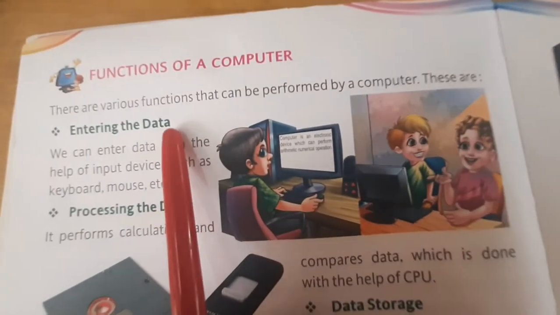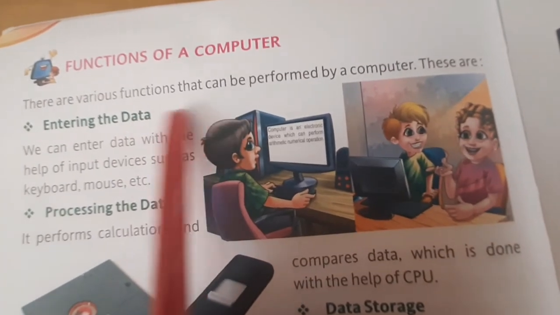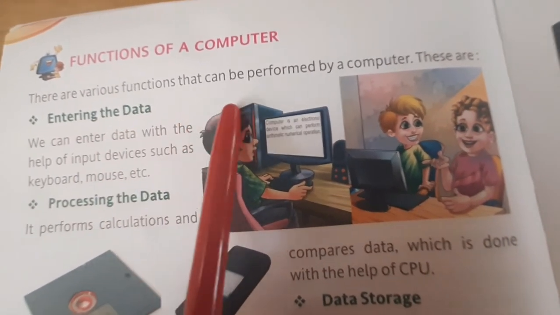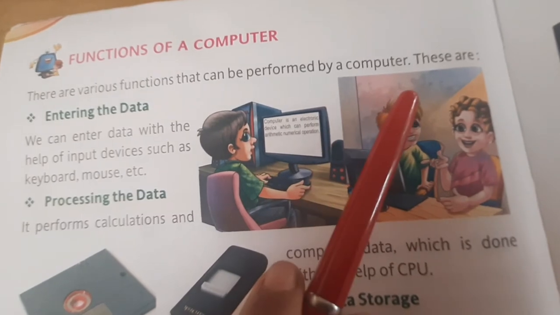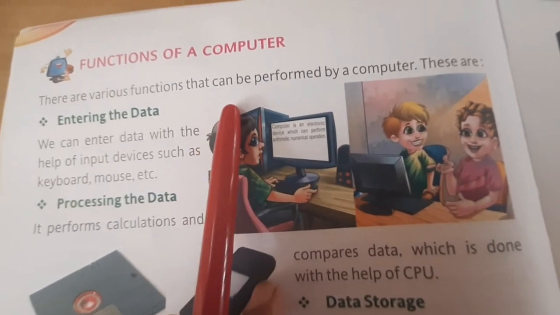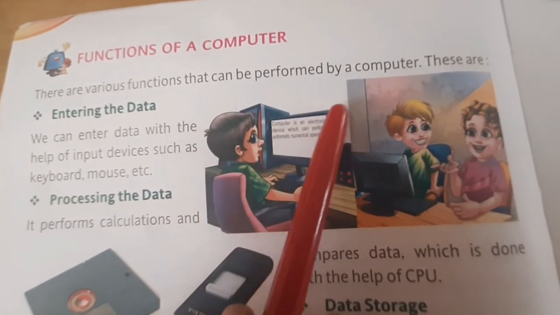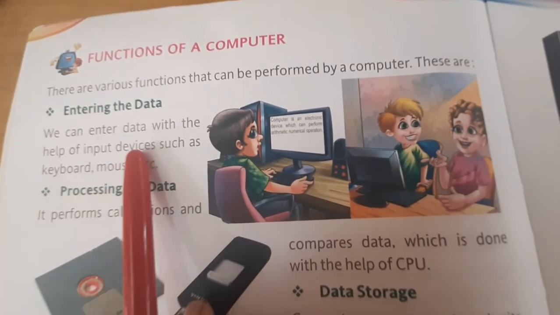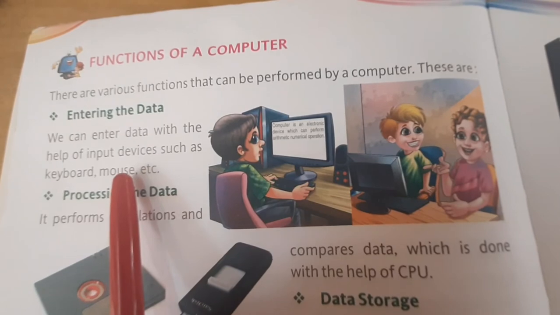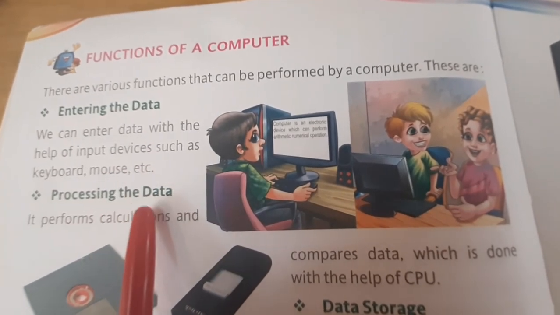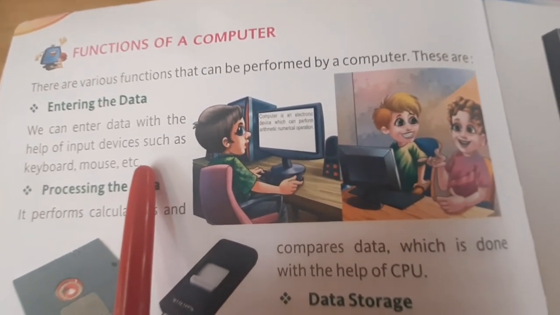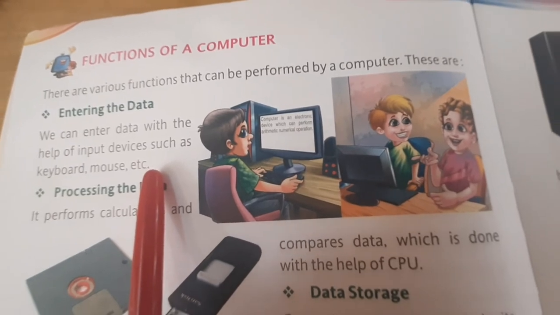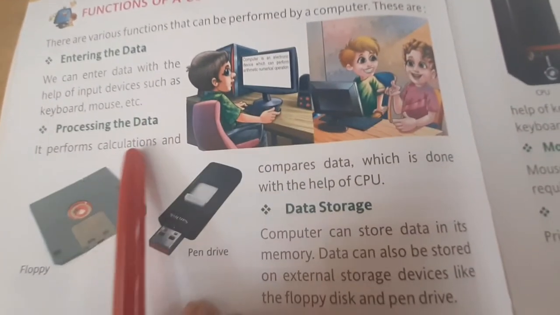Now, functions of computer, page number 6. There are various functions that can be performed by a computer, means various tasks that a computer can perform. First is entering the data. We can enter the data with the help of input devices such as keyboard, mouse, etc. Means we can use various devices to enter our data into the computer.